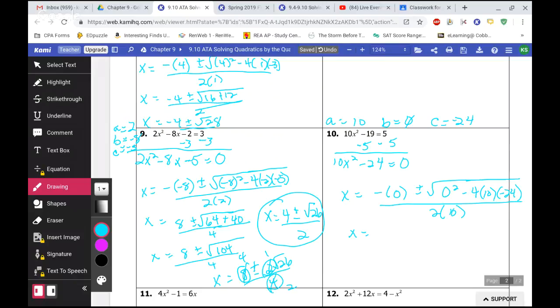So x equals, the opposite of 0 is just 0, but we've got plus or minus, and then 0 squared is 0. Then negative 4 times 10 is negative 40, and negative 40 times negative 24 is a positive 960, all over 20.